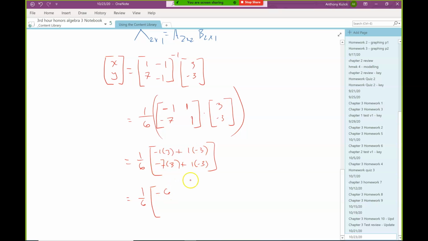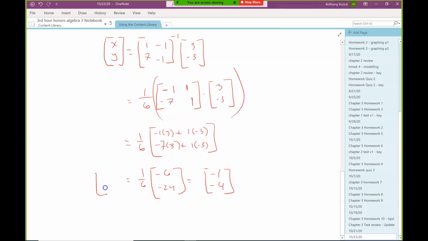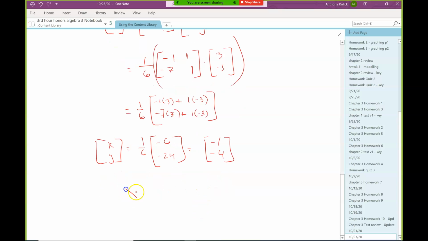Then -21 plus -3 is -24. And if I do the scalar multiplication, then I have -1, -4. So what that tells me is x is -1 and y is -4.